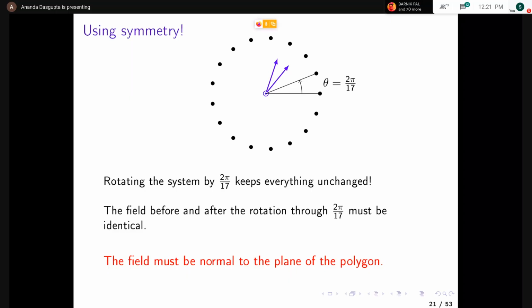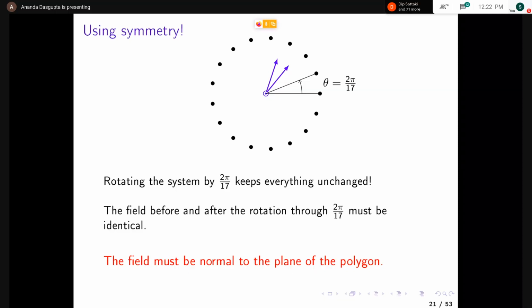Now you must say, now we have the solution. After all, we know that all the individual electric fields, due to all the charges, are in the plane of the polygon. So since we have now argued that it has to be perpendicular, it must be zero. But I would say that's really not correct as an argument, because arguing that all the electric fields are in the plane essentially presupposes Coulomb's law.